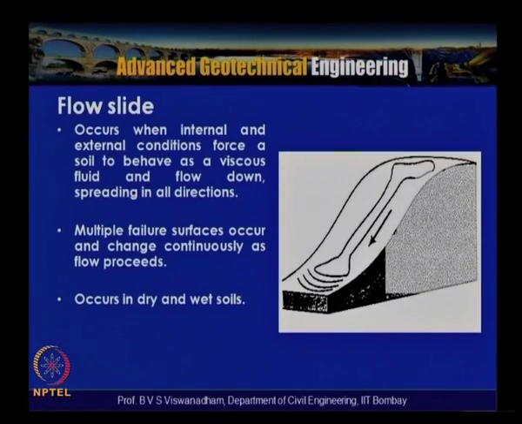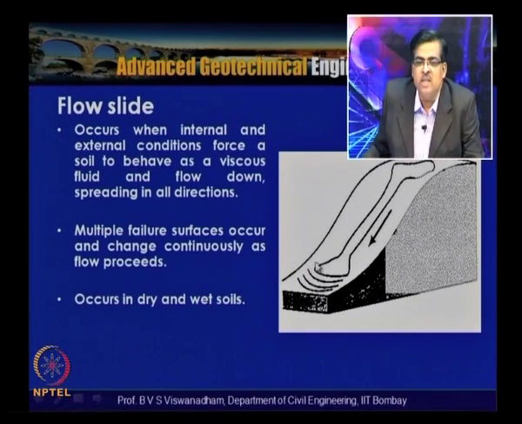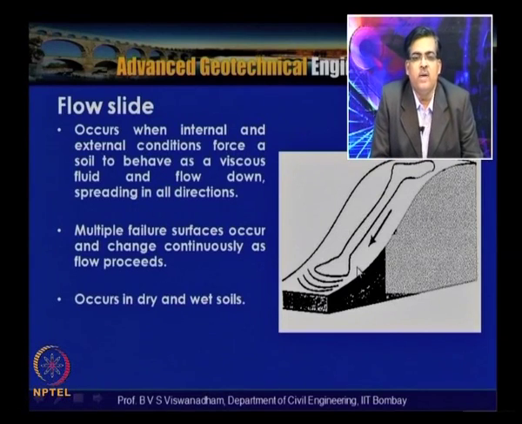And in this particular slide, a typical flow slide is shown. The flow slide occurs in certain types of sensitive soils. You can see that this zone, because of certain perturbance, causes this type of failure. It occurs when internal and external conditions force a soil to behave as a viscous fluid and flow down, spreading in all directions.